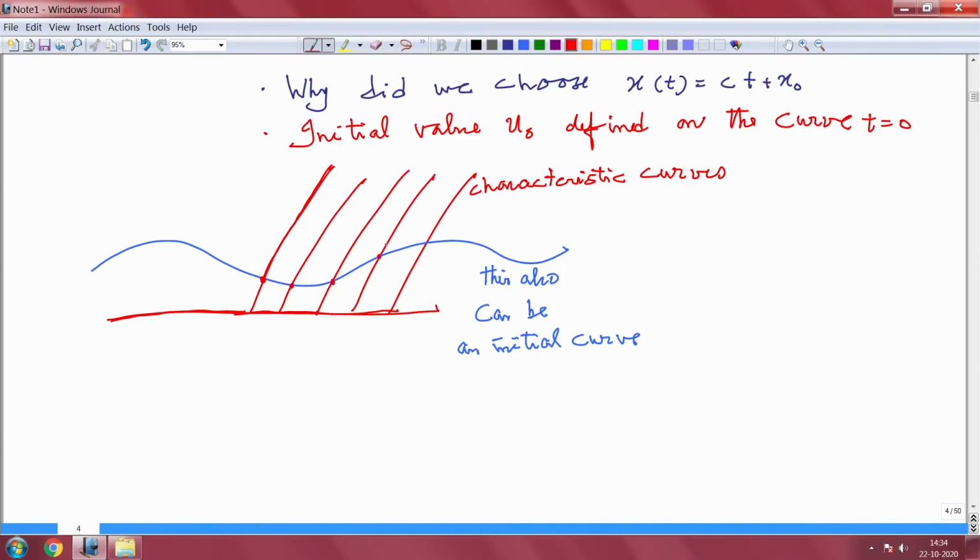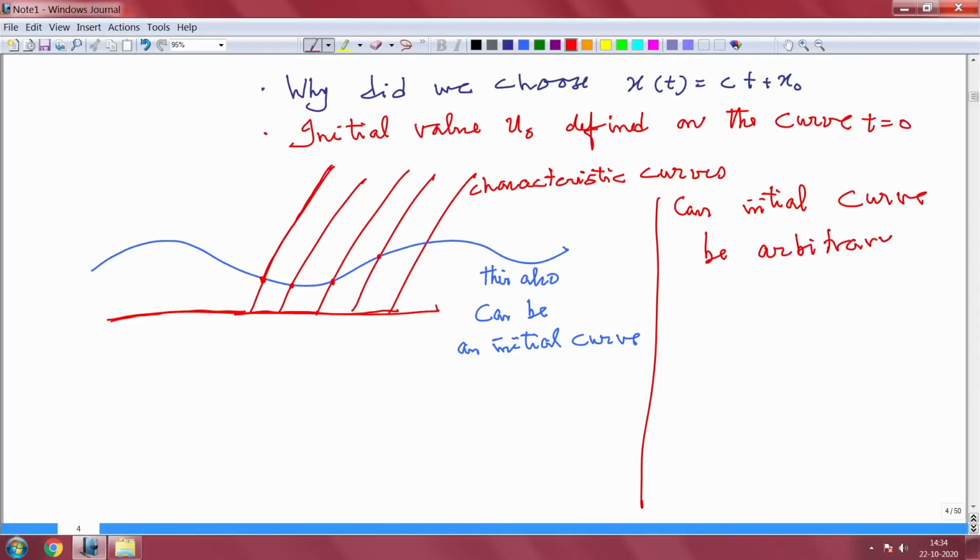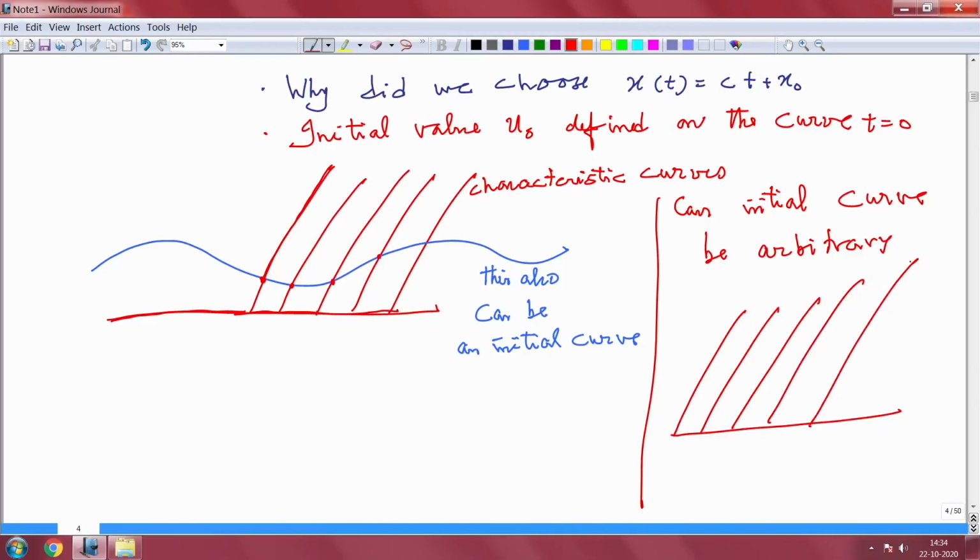So, you may ask a question, can I have my initial curves arbitrarily? That is not possible. Can the initial curve be anything? Can the initial curve be arbitrary? So, for example, I take this one and these are your characteristic curves.